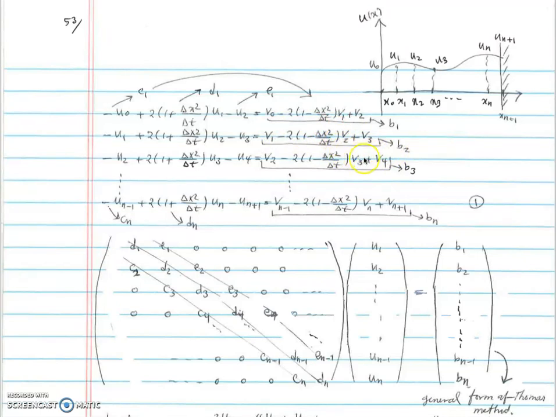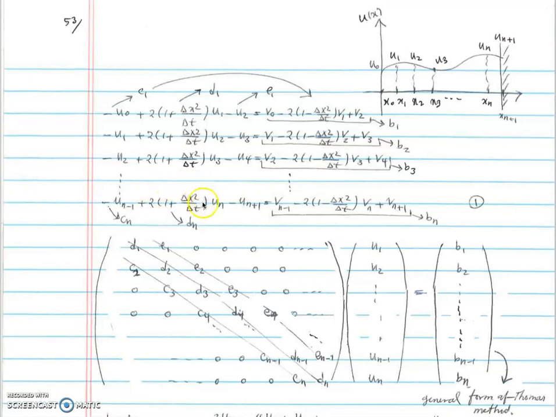Okay, so you can do the same thing with this third equation. You get b3 on the right, and then this one would be e3, d3, and c3. If you agree with me, then the last equation becomes, the negative one is cn, the coefficient only.